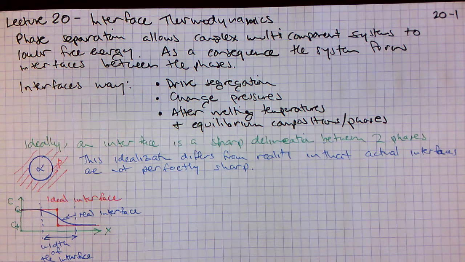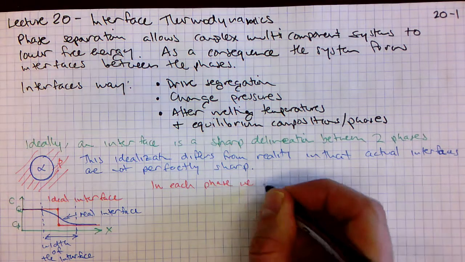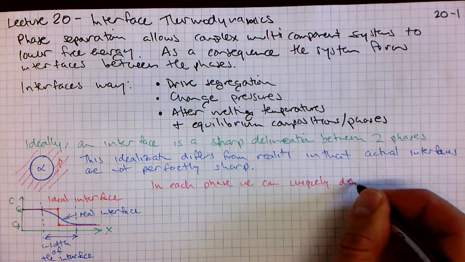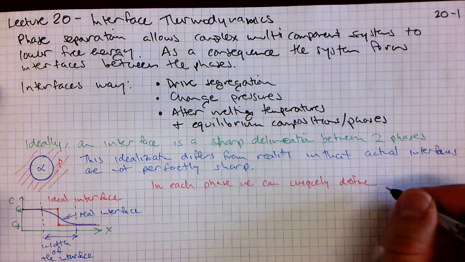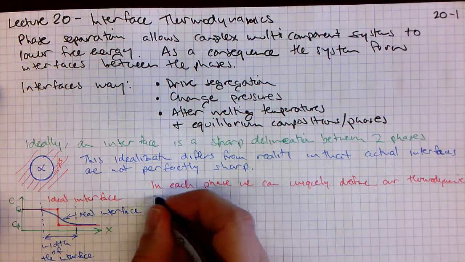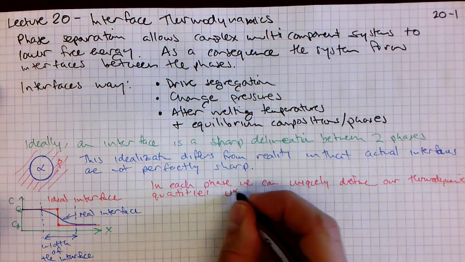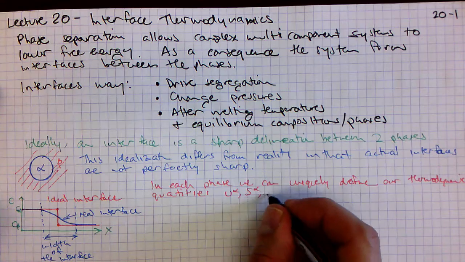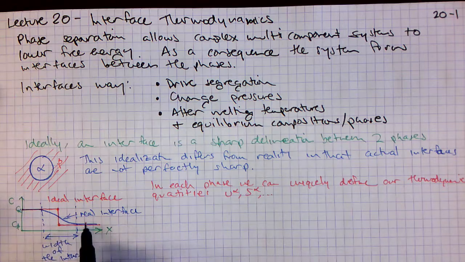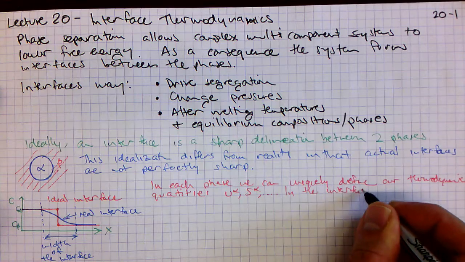Now, when thinking about interfaces, in each phase, we can uniquely define our thermodynamic quantities. So, for example, we could define the energy in the alpha phase, the entropy in the alpha phase, etc. But in the interface, since things are varying as we move through the interface, these vary with position.